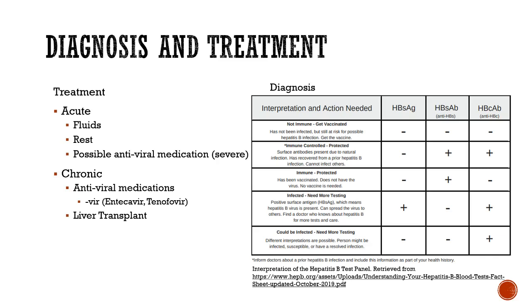The hepatitis B surface antigen indicates that the virus is present, and the presence of the other two antibodies shows if the person has recovered, is vaccinated, or needs further testing. Other tests include the alanine aminotransferase test, or ALT for short, which tests if the infection is found in the liver. Also, imaging tests can be done, which monitor the amount of damage the liver has received.